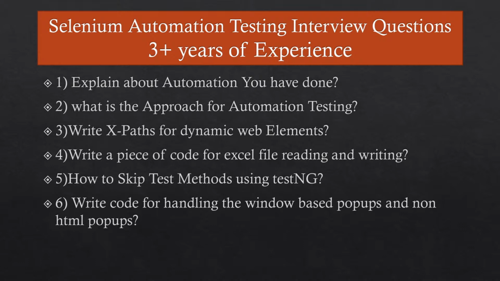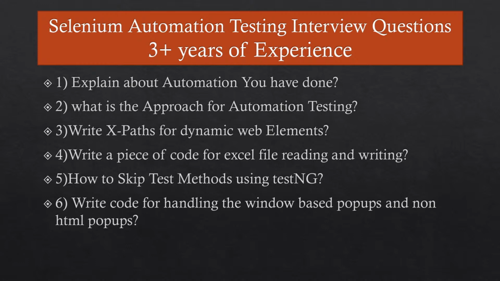Explain about automation you have done, and also what is the approach for automation testing? As we know, there is a software testing life cycle, right? Sorry, that is ATLC, which means automation test life cycle.